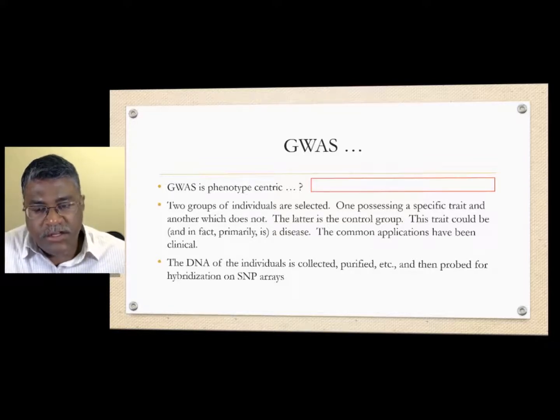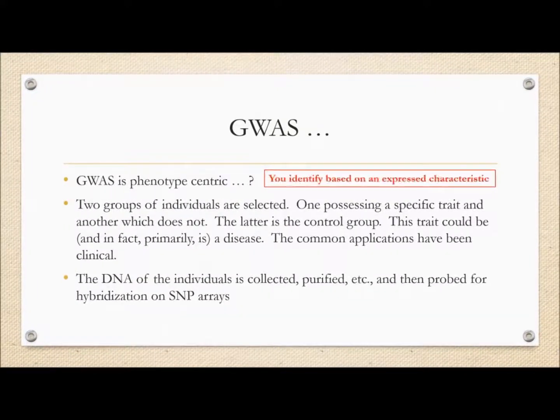A GWAS is phenotype centric. That is, you identify based on an expressed characteristic. So, two groups of individuals are selected. One possesses a specific trait and one does not. The one which does not is called the control group. This trait could be a disease. The common applications for this GWAS have been clinical.